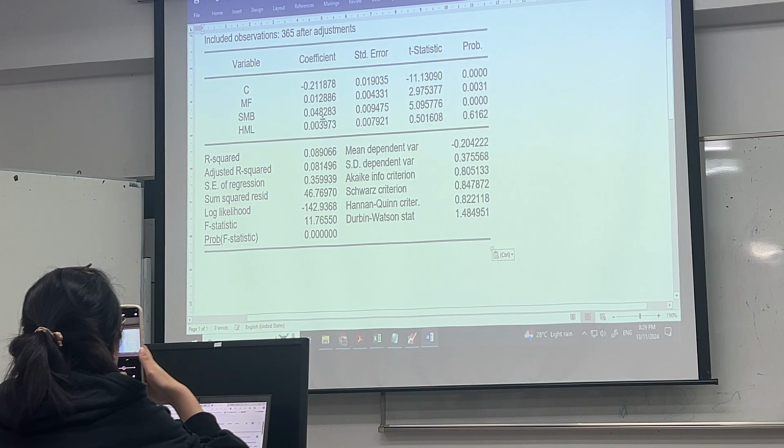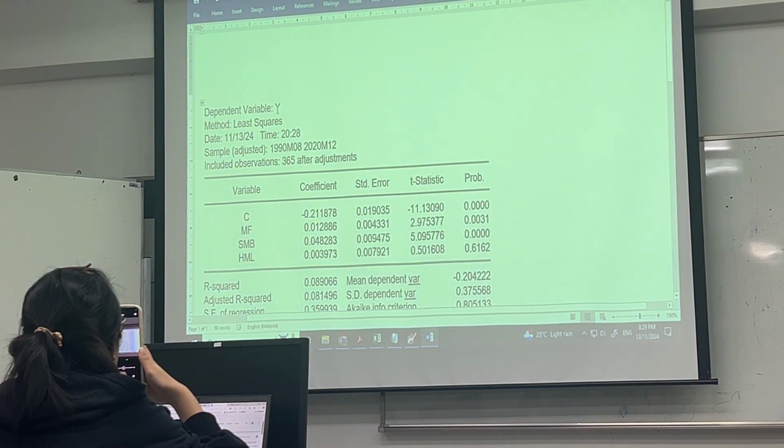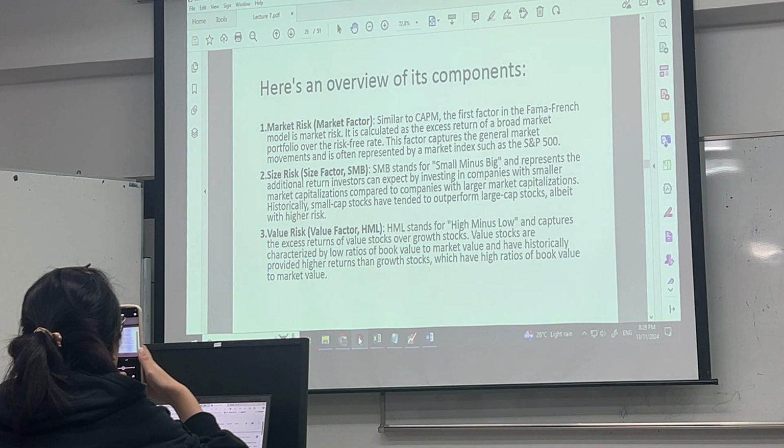I try to see whether my three factors model works: the return for this Alliance Bank minus the risk-free rate, with the market factors, SMB, and HML. SMB is for the size and HML is for the value factors.